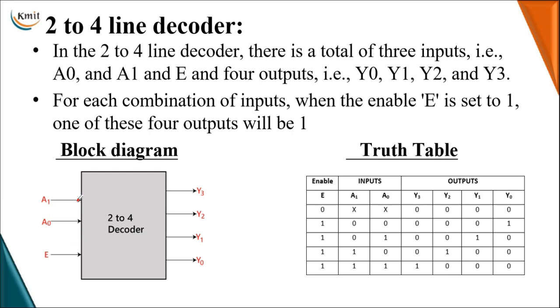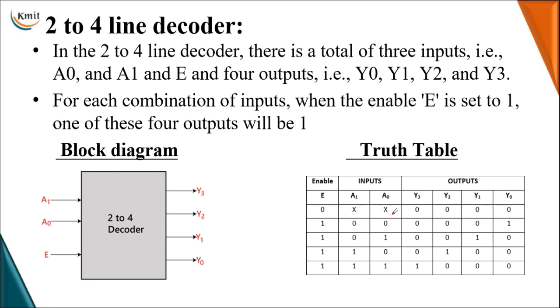Now, this is the block diagram of the 2 to 4 decoder, where it consists of 2 inputs along with a control signal, the enable input. Next, it has 4 outputs which are labeled as Y0, Y1, Y2 and Y3. Until the enable input is 1, it doesn't matter which input combination you apply on the inputs of the 2 to 4 decoder.